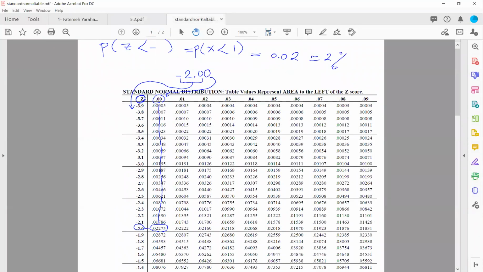Negative 1.74. So my z is negative 1.7 and 4.